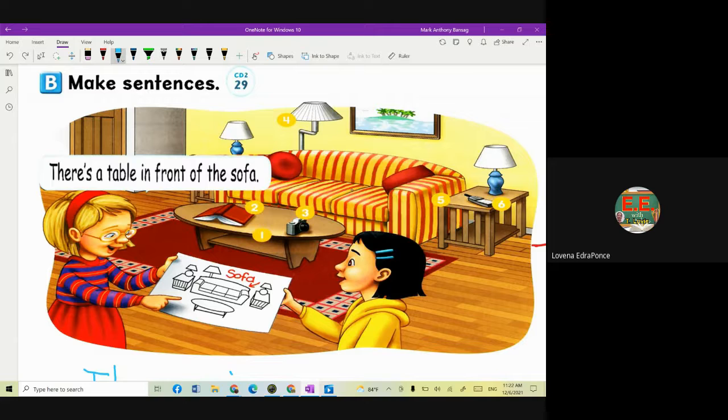There's a camera on the table. There's a lamp behind the sofa. There's a table next to the sofa. There's a phone in front of the lamp.